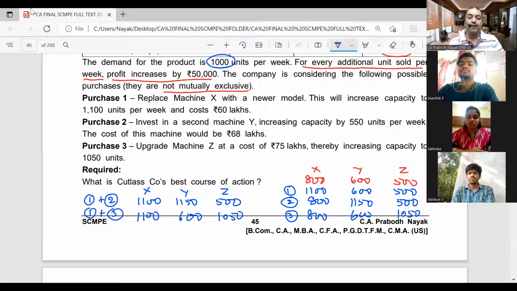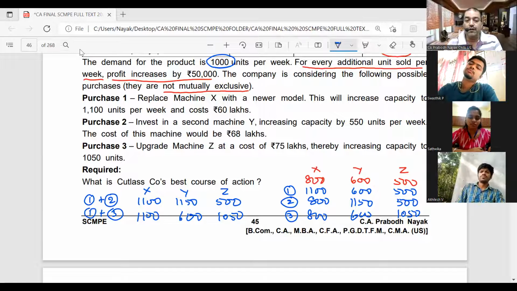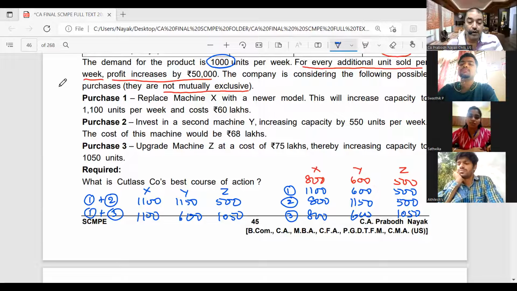So now again, the bottleneck activity is machine Y. So the issue is not solved. Correct? The issue is not solved again because my requirement is of 1000 units. I am not getting 1000 units.